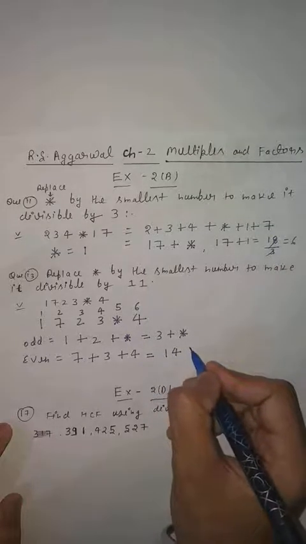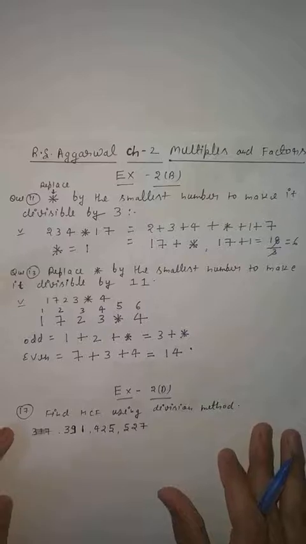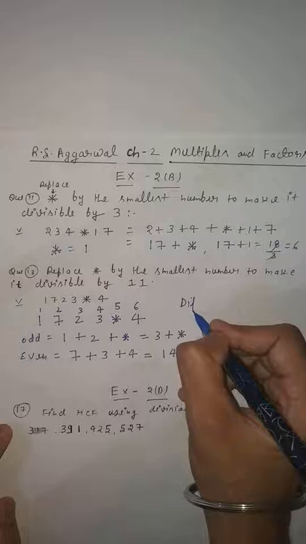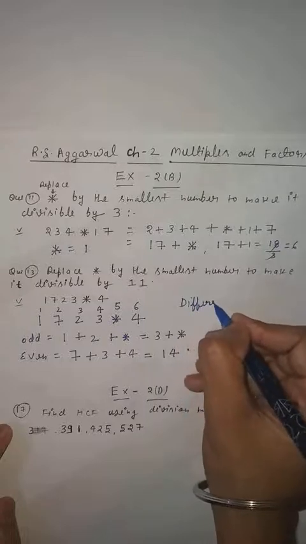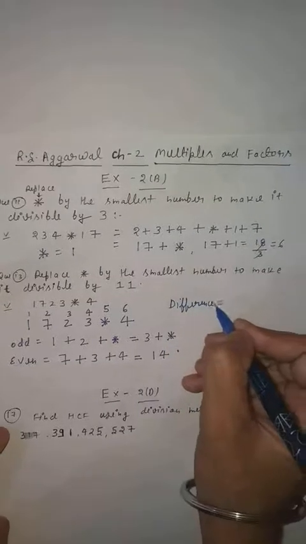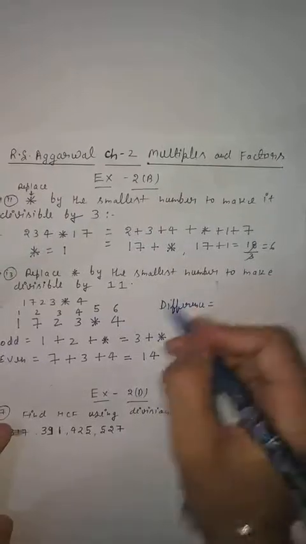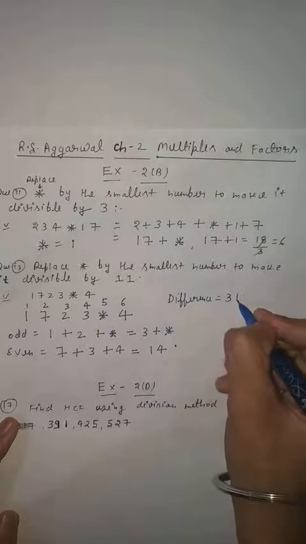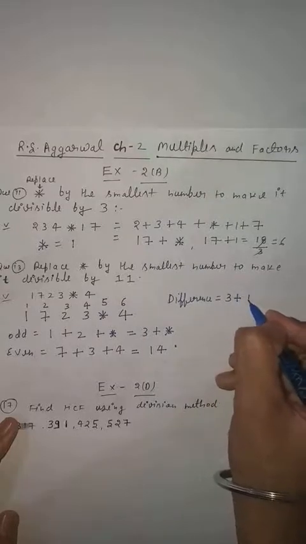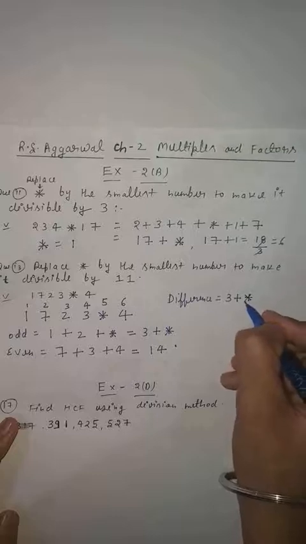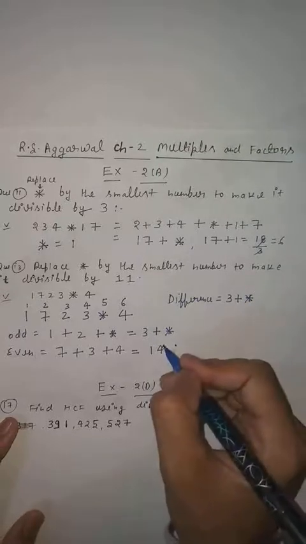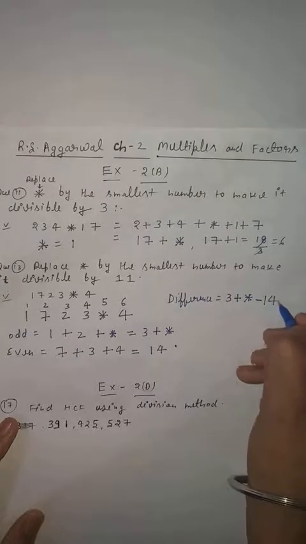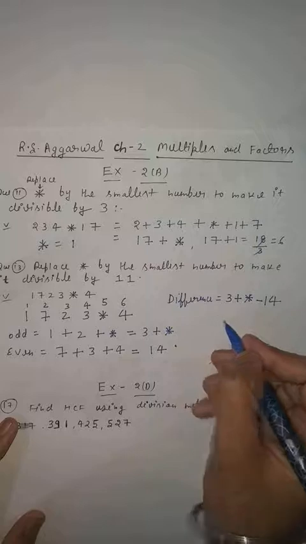Clear, students? Now you have to find the difference of odd and even. The result of odd is 3 plus star, and you have to subtract the even, 14. So what will it come?